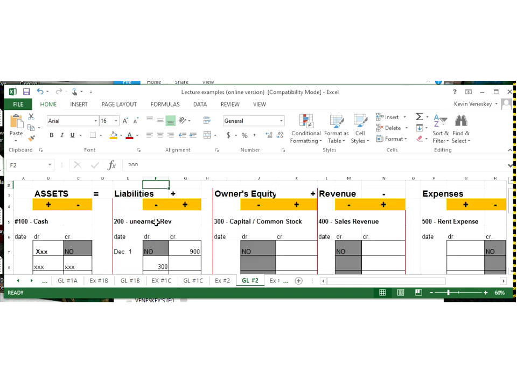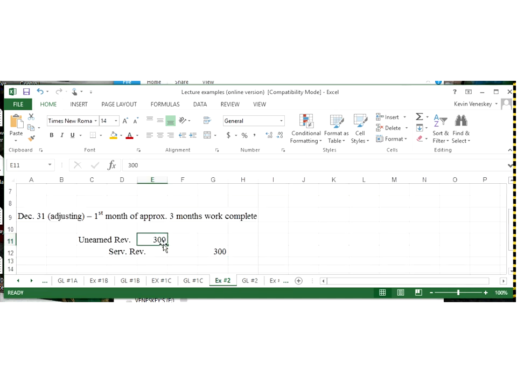If it's no longer unearned revenue, it's most likely going to come over here to earned revenue, or earned service revenue in this case, of $300. I provided a service for the first month out of the 3, so I can now count 300 towards my revenue account, which is what my journal entry was as well.